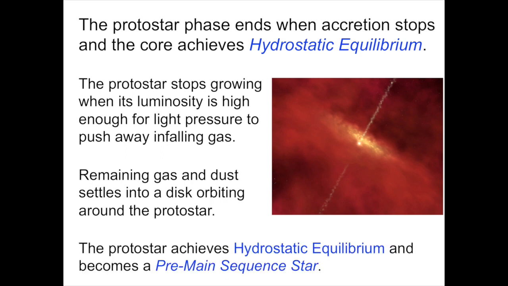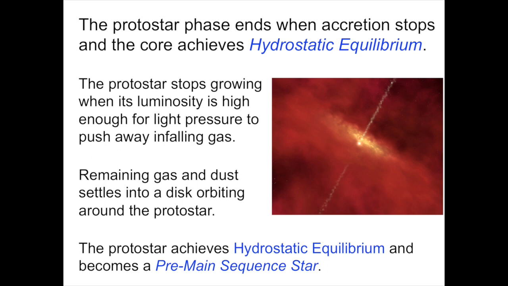The protostar settles down and achieves hydrostatic equilibrium. It's now a well-defined, separate, hot, dense entity in hydrostatic equilibrium. It's no longer a protostar, but it's no longer a star either, and it achieves an intermediate state we refer to as a pre-main sequence star.